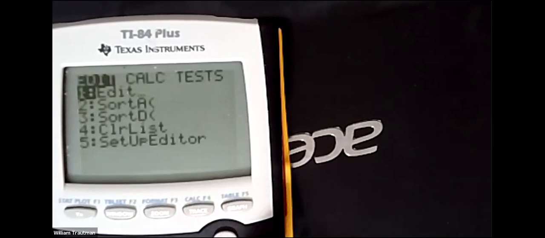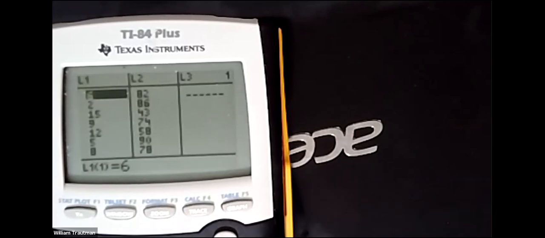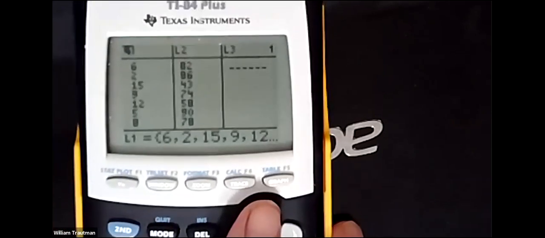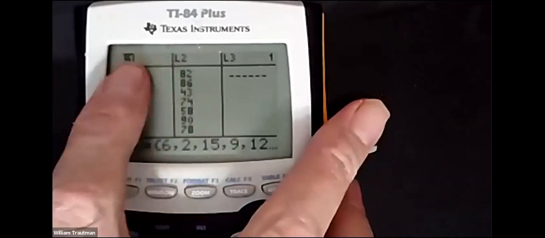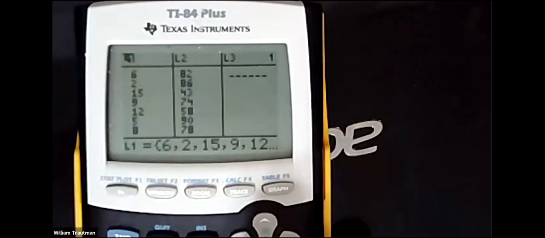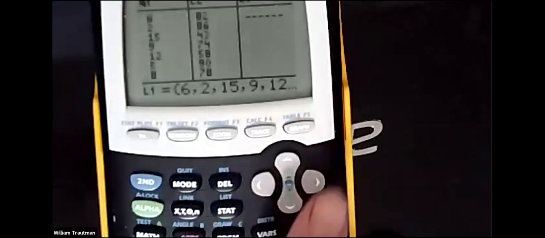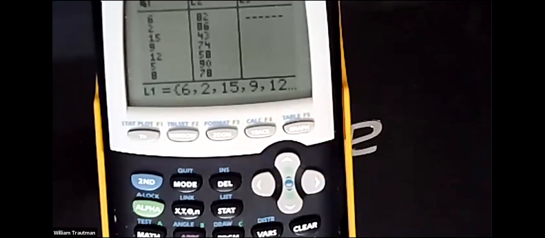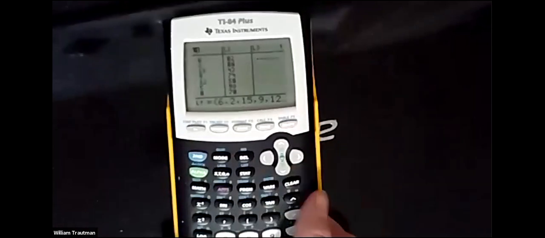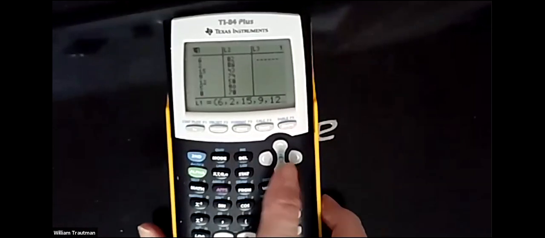So when you have this list, can you arrow up to L1? Yes. Okay, hit second clear. Does that clear the list? No, it's still there.